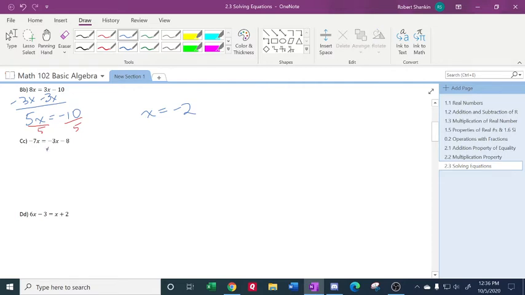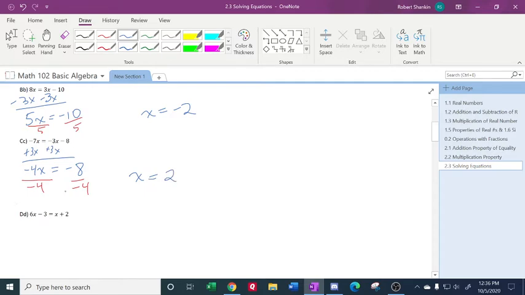I want to add 3x both sides. And that'll cancel these out, and it'll collect all my x terms over on the left. And then I'll get rid of the negative 4 that's attached to the x by multiplication, so I divide. And then x, negative by negative is positive.